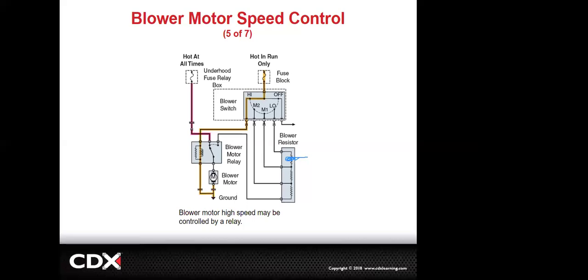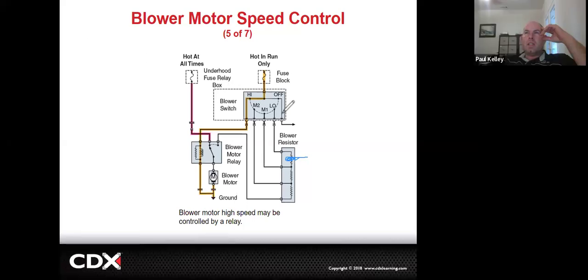A low speed would not work. Only low. Because only low uses that resistor. Make sense? And if this one was messed up, this one wouldn't work and this one wouldn't work because they both have to go through that. Make sense? And if this one was messed up, then all 3 of these wouldn't work, but high still would. Cool.